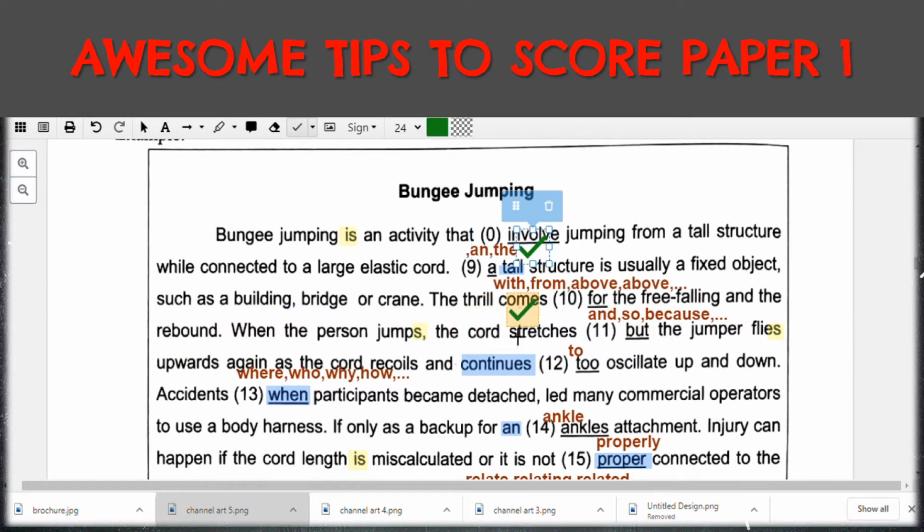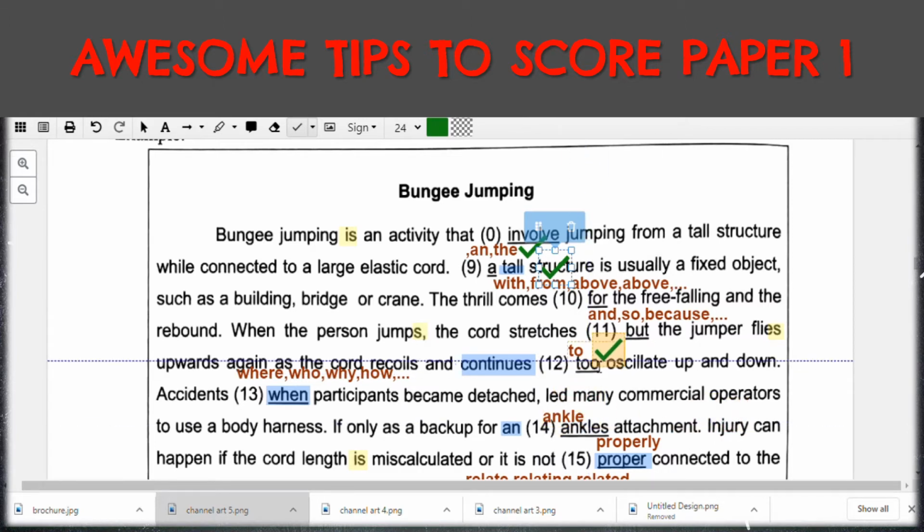With, from, above, below, and others. So the best here: the trio comes from the free falling, or comes with, or comes above? So the answer is "from". Okay, next.